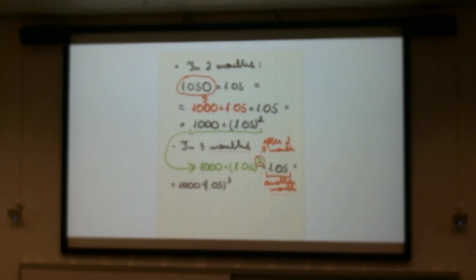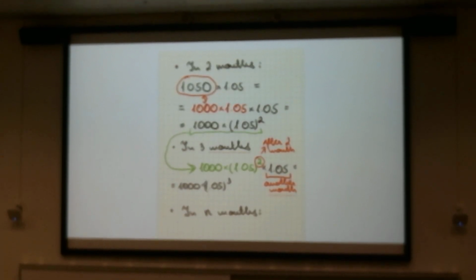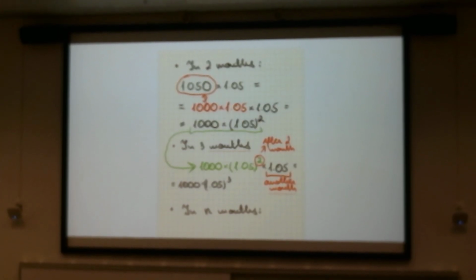So if I asked you in some arbitrary n months, how would this expression look? We did 1 month, 2 months, 3 months, and I could just say n, 50, 100. How would it look? Exactly.